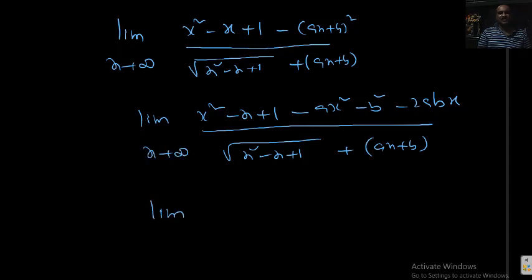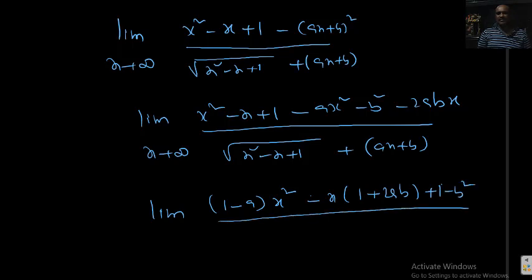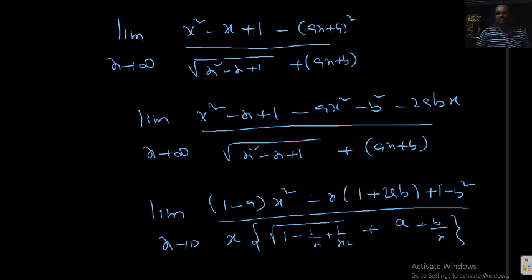Or in other words, I can say the limiting value of (1 minus a square) into x square, minus x times of (1 plus 2ab), plus 1 minus b square, by, from here I want to take x common totally, x times of root over 1 minus 1 by x plus 1 by x square plus a plus b by x, as x is tending to 0.